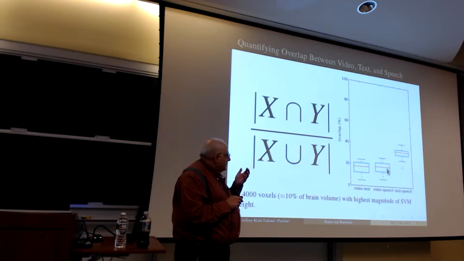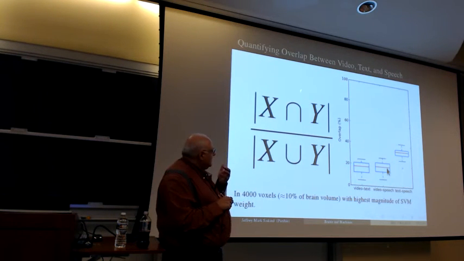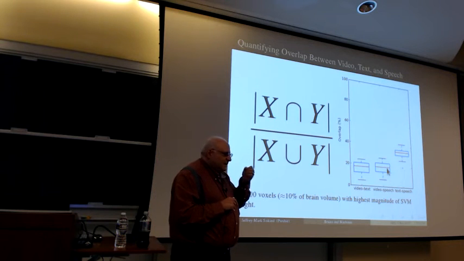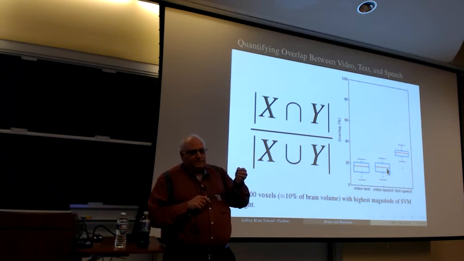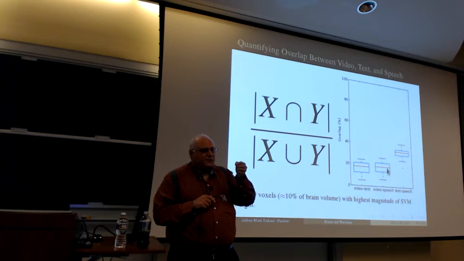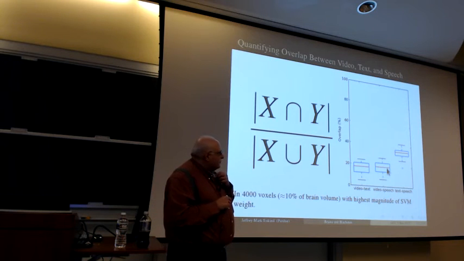We can use a well-known method within computer vision, the intersection over union measure. In this case, instead of applying it to detection boxes in an image, we're going to apply it to back projected models onto the brain volume to determine the overlap of the brain regions involved in processing data of different modality.